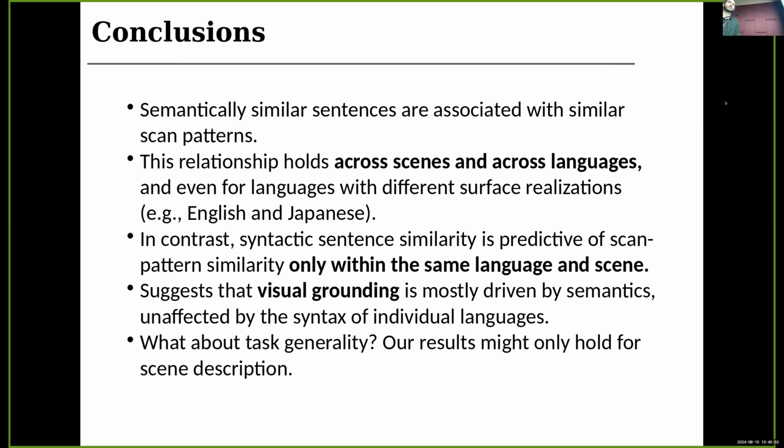Sorry. Yeah, because your argument is semantically similar sentences, right? Yeah, and I think what you're thinking of is grounding in the sense of alignment, right? So what we're testing at the moment is only grounding in that the same objects are mentioned. But there's also grounding in the sense of alignment, that the same objects are mentioned in the same order.